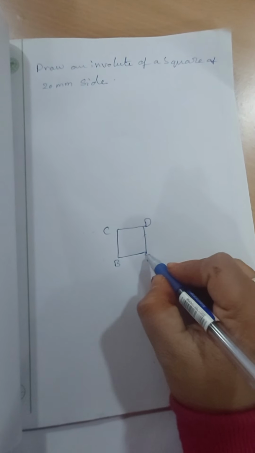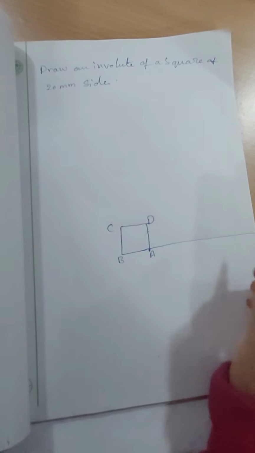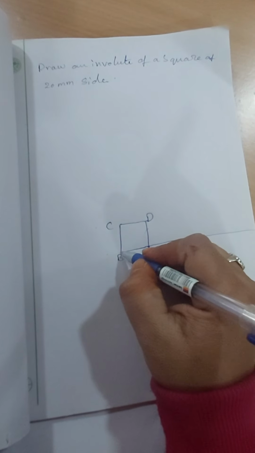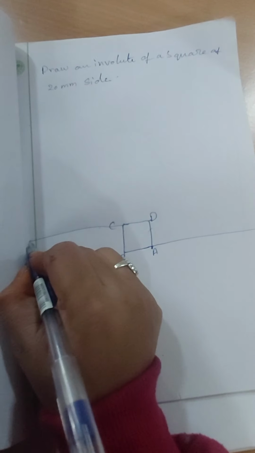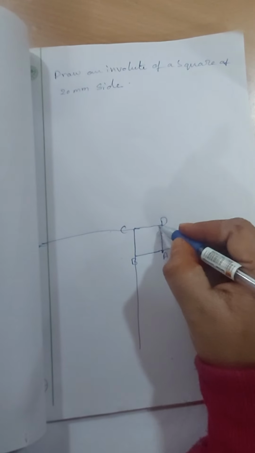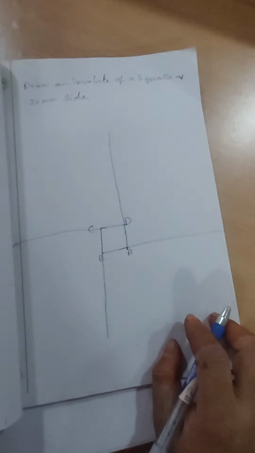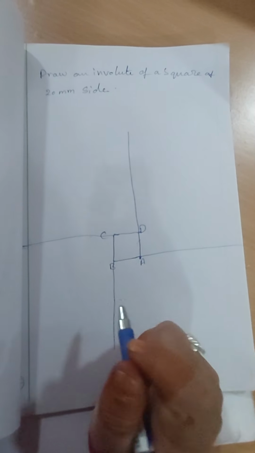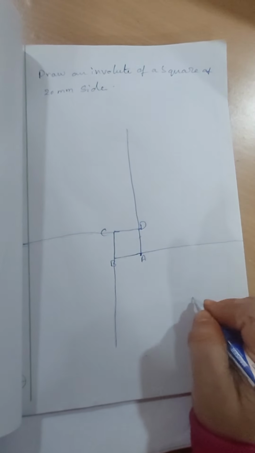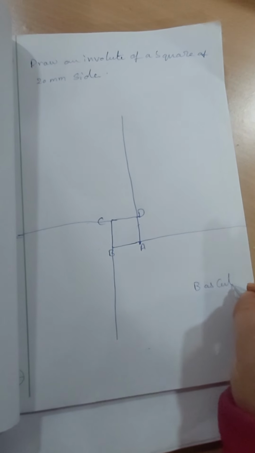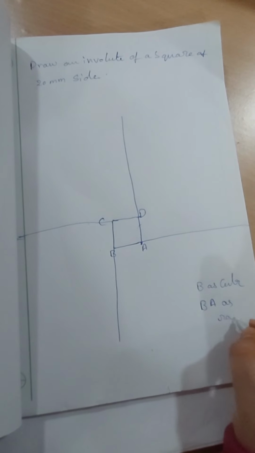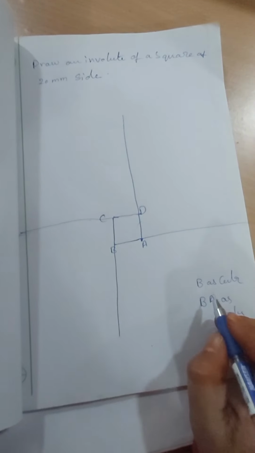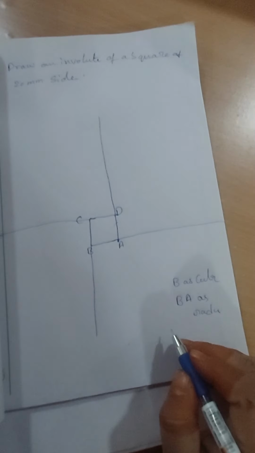Extend AB towards A, extend BC from the end B, extend CD towards C and extend AD towards D. After that, with B as center and BA as radius, draw the arc on the line which is extended from CB.